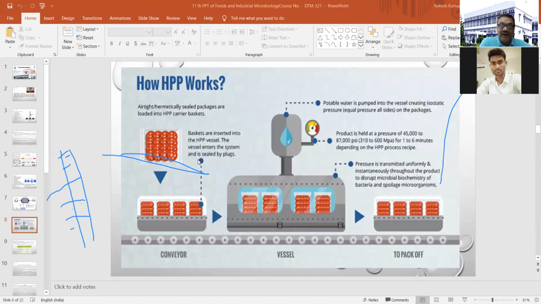Here in this figure, you see that hermetically sealed packages are loaded into high pressure processing carrier baskets. It's your product and it is loaded in a basket. Baskets are inserted into the high pressure processing vessels.